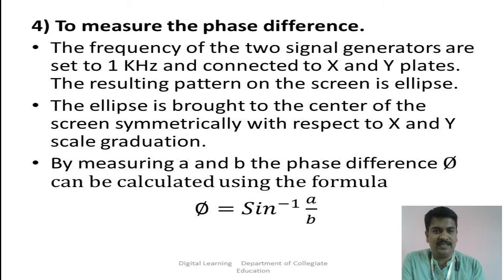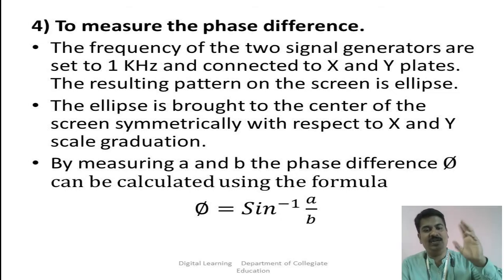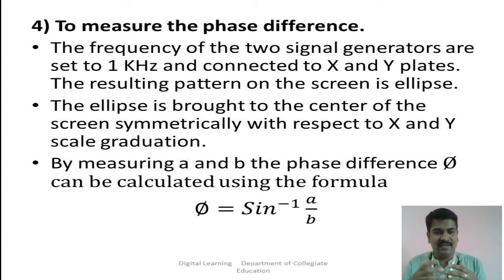These two signals are connected to the X and Y plates of the CRO, so the resulting pattern on the screen will be an ellipse. Now it is not a waveform, because it's an overlapping of two waves. Overlapping of two waves will lead to an ellipse shape here. Now the ellipse is formed on the monitor.